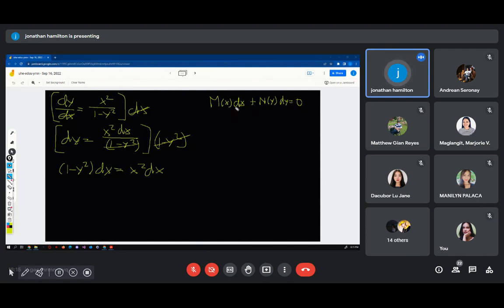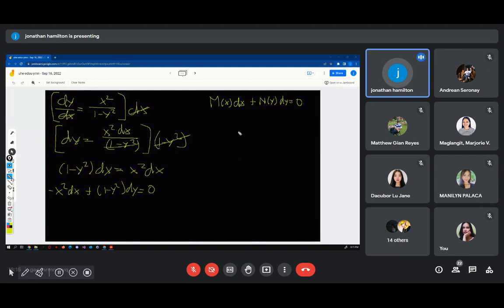So we can simplify this by transposing. We have negative x squared dx plus 1 minus y squared dy is equal to 0.